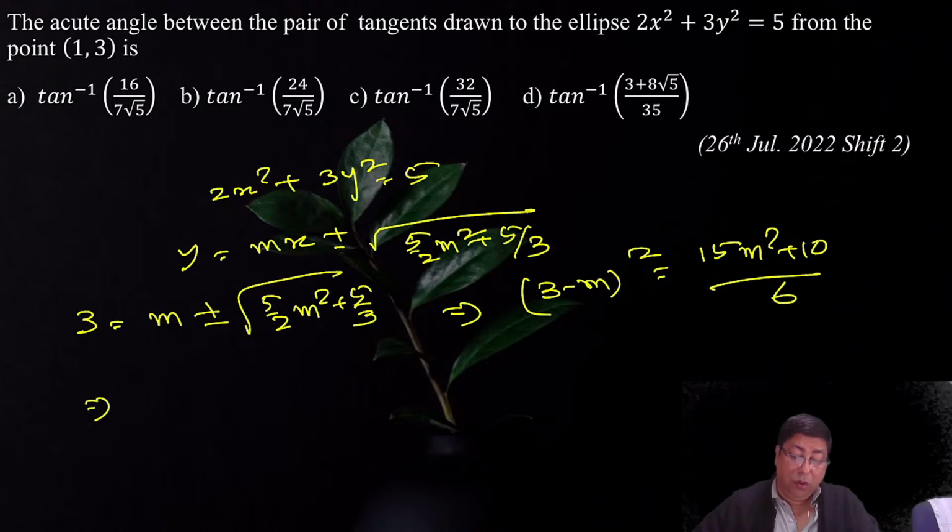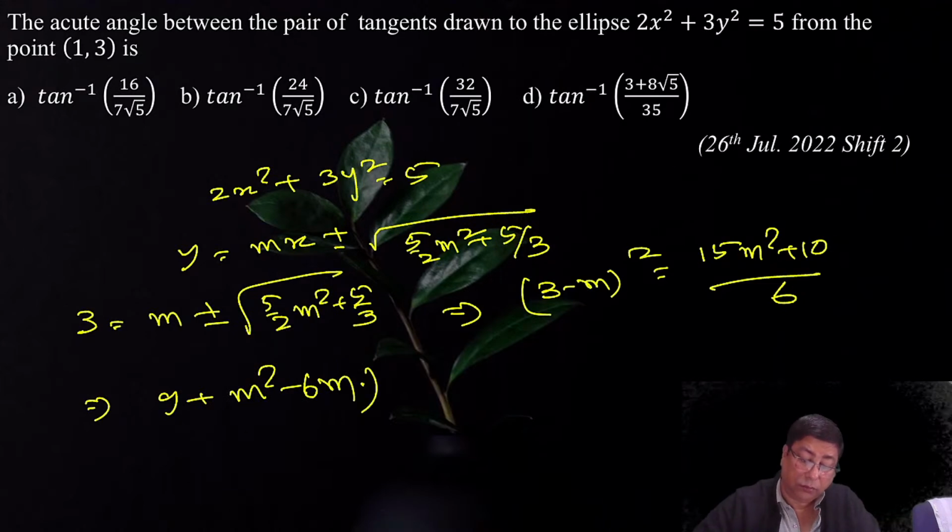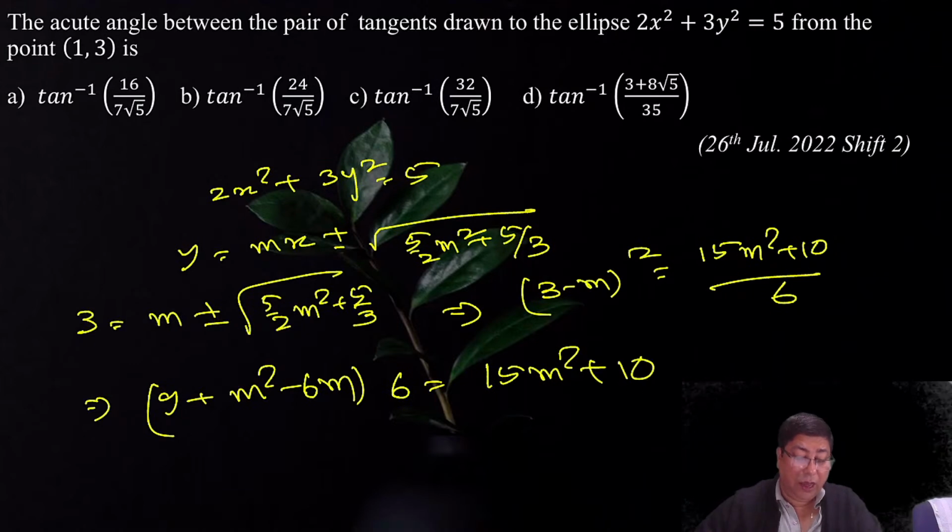Now let us do the whole square. So 9 plus m square minus 6m. I am multiplying 6 in the left hand side, equal to 15 m square plus 10.